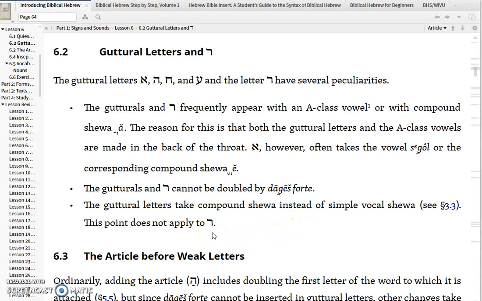That doesn't apply to resh as often, though occasionally you will get the composite hataf type form under resh as well. So the gutturals and resh, they are weak letters and they behave in kind of peculiar sorts of ways.